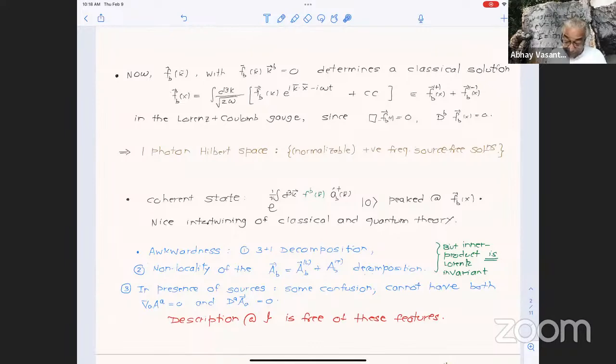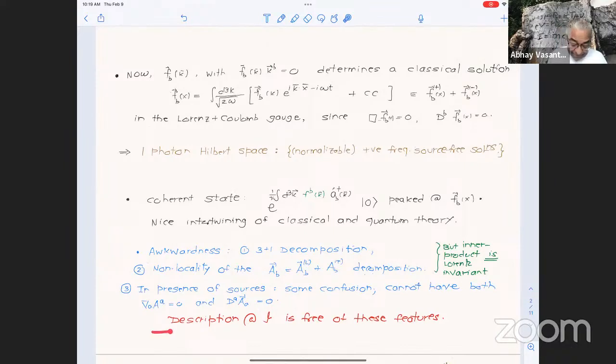And in the presence of sources, there is some confusion in the literature, because in the presence of sources we cannot really use this description. We cannot have both the Lorentz gauge condition and the divergence of A equal to 0, because as I said, that immediately implies that A naught itself is equal to 0. The scalar potential is equal to 0, but in the presence of sources, it is not equal to 0, and therefore you need more care.